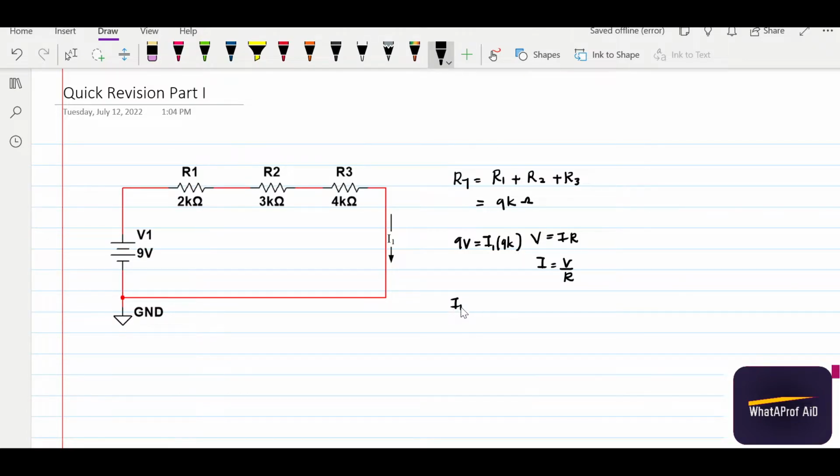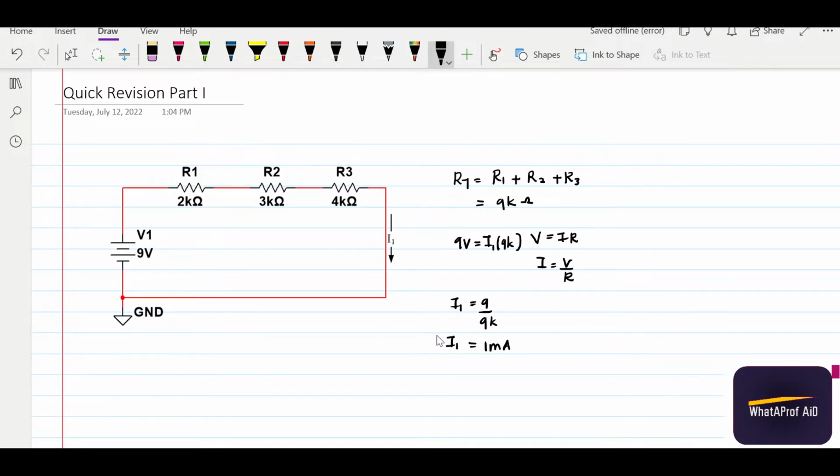Therefore, I1 equals to 9 divided by 9K, which will give us 1 milliampere. So I1 equals to 1 milliampere.